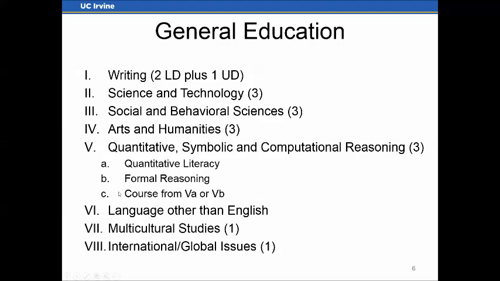And if you have and you completed it with a C or better in each of those years, then you basically are done with category 6. So just so that you know, you won't need to take a language course if that is the case. You see here in category 7 and category 8 that each of these categories only require 1 class. So these are the GE requirements that you will need to complete.